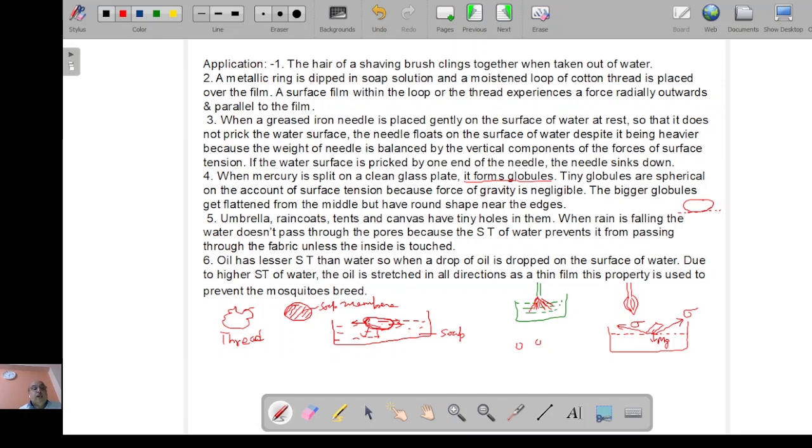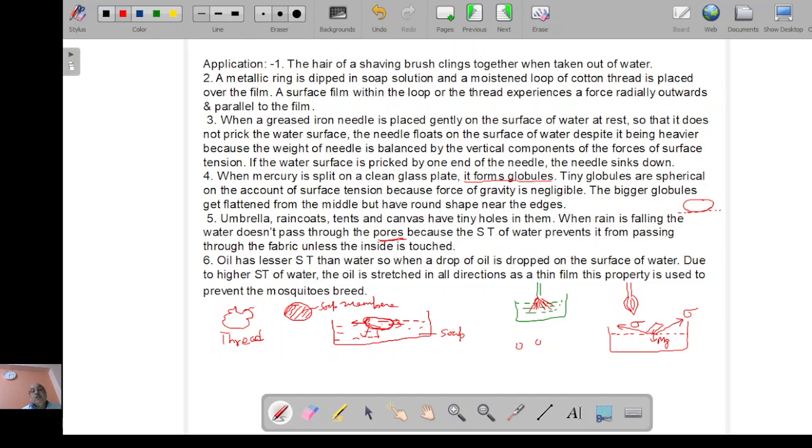The umbrella, raincoat, tents and canvas have tiny holes in them, isn't it? When rain falls on them, the water does not pass through the pores.